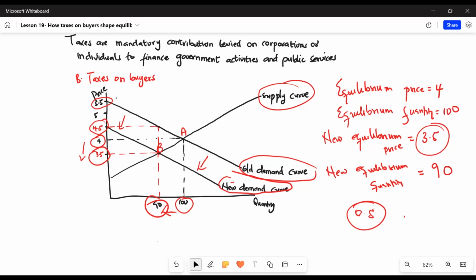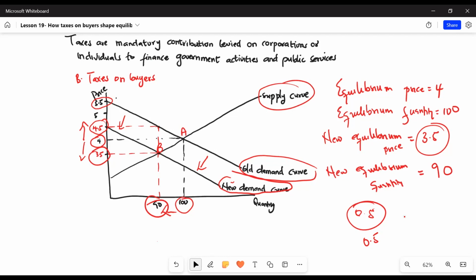So 3.5 plus 1 will increase the price that consumers pay to 4.5. So the difference between the new price and the old price that consumers are paying is also 0.5. Their price increases from 4 to 4.5. So the price buyers pay after the tax rises by 0.5, and the price that sellers receive after the tax also falls by 0.5, which is 4 to 3.5.